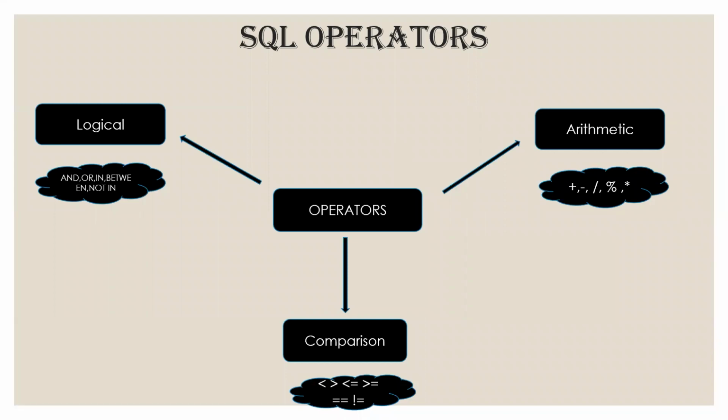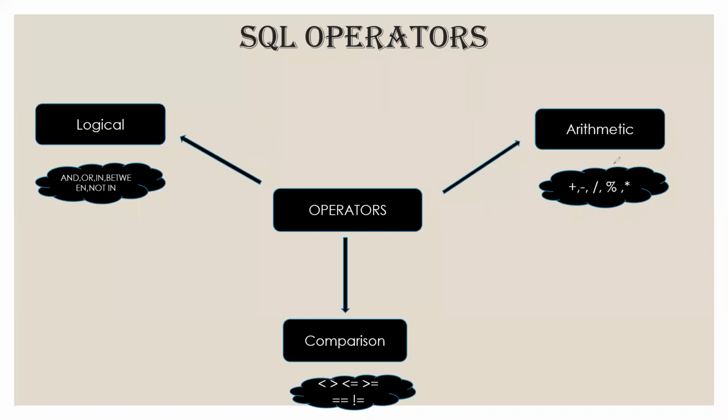Logical operators are keywords such as AND, OR, IN, BETWEEN, NOT IN, and arithmetic comes under plus, minus, division symbol, modulo, and a star. And comparison comes with less than, greater than, less than or equal to, greater than or equal to, a double equal to, and a not equal to.